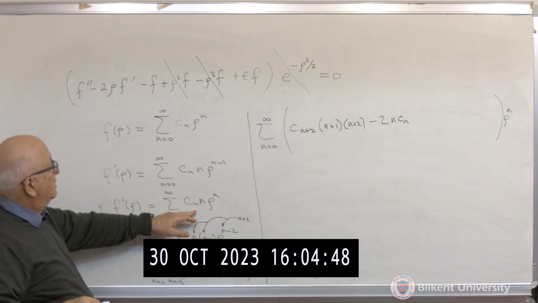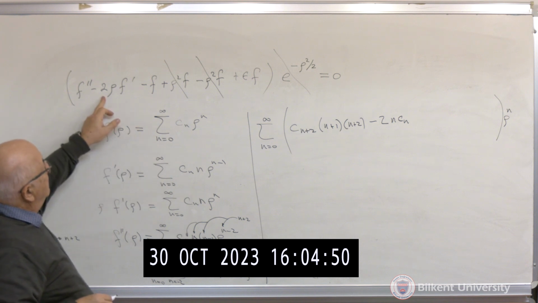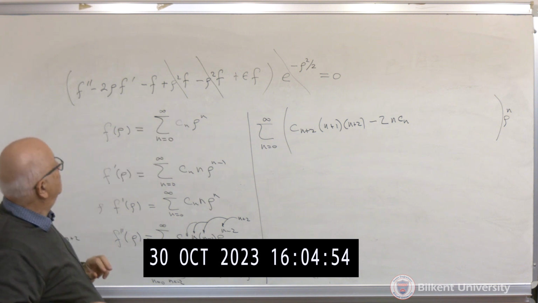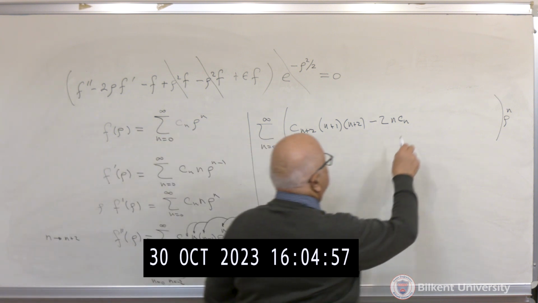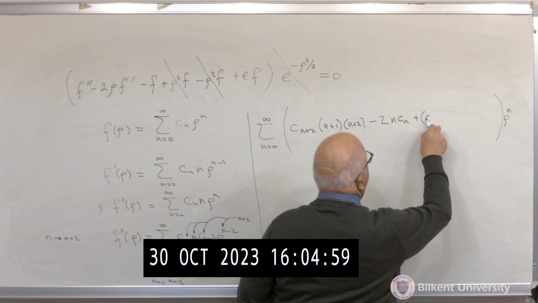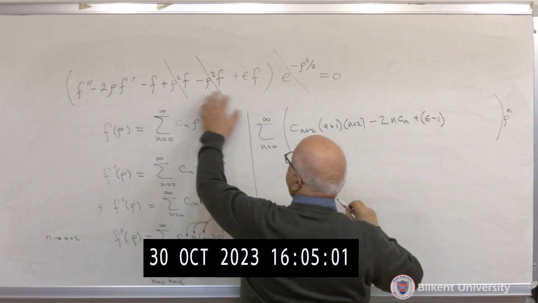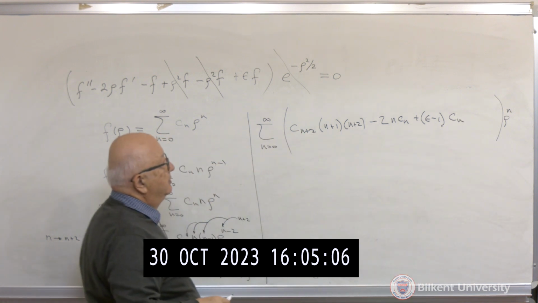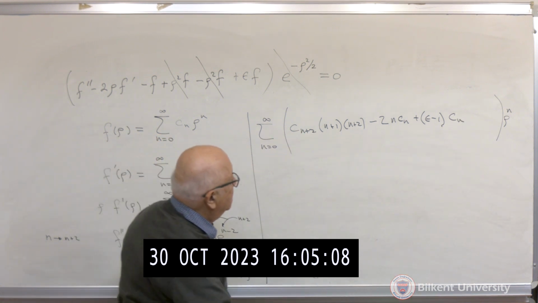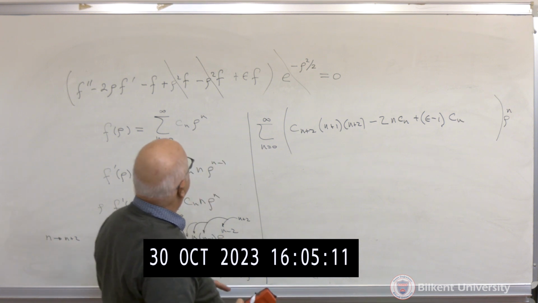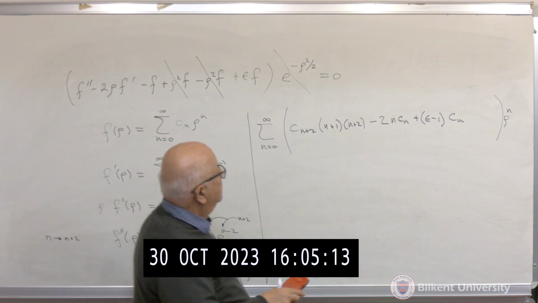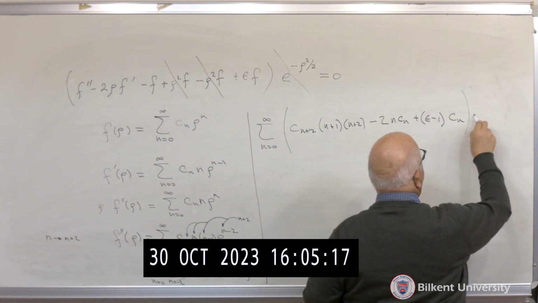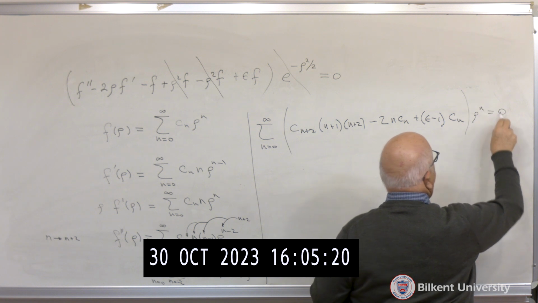Okay. That 2 is this 2. And then I have epsilon minus 1 times f itself. Okay, that's easy, just Cn. All right, so please check my algebra. I make mistakes. Okay, so everything multiplied by rho to the n is equal to 0.